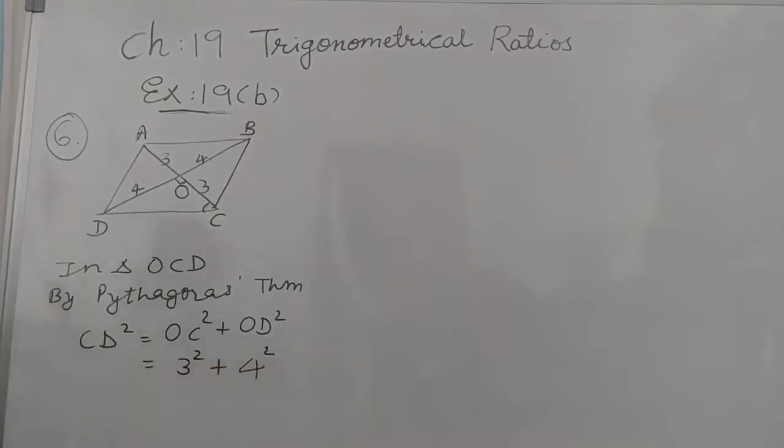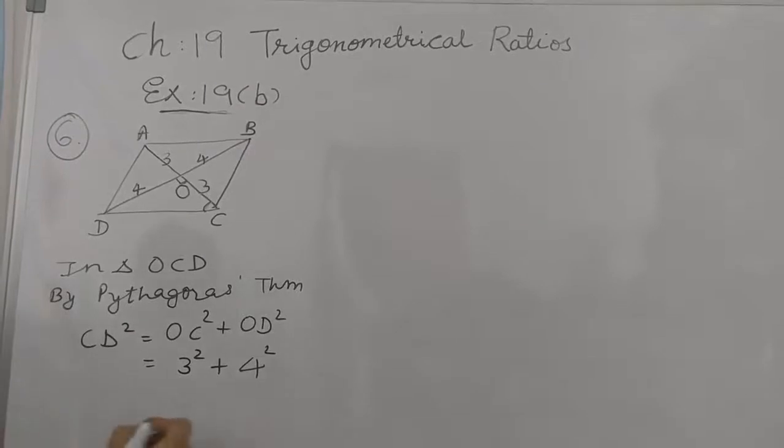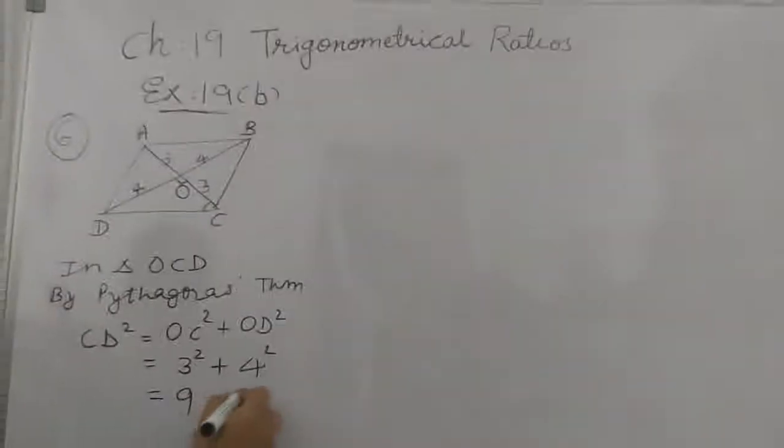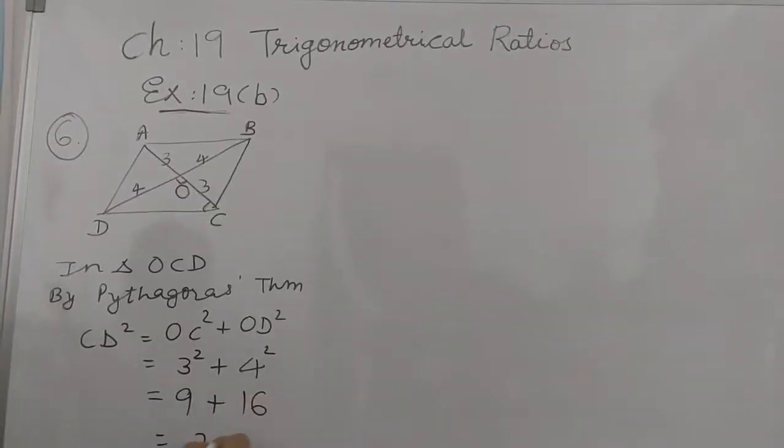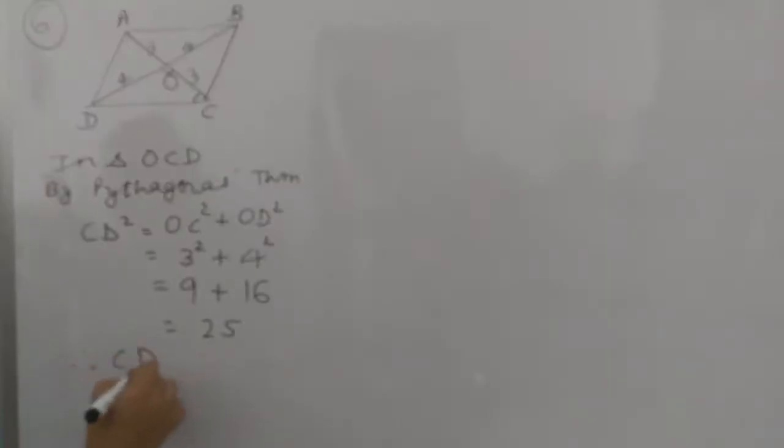So substituting values here, 3 square is 9 plus 16 is equal to 25. So this way we can find our CD value. So CD, now taking square root, is 5 centimeter. One more thing, in a rhombus all the sides are always equal.